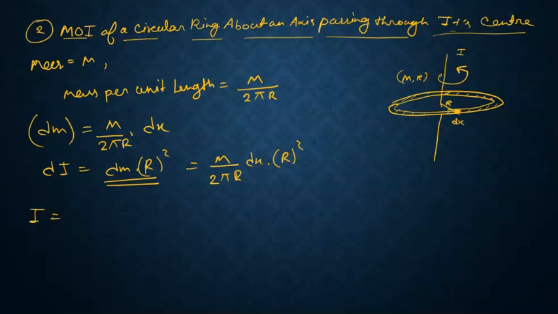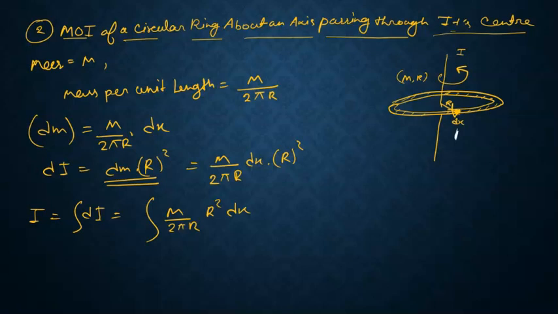Now to find the total value of the moment of inertia, we have to integrate dI equals m by 2 pi r square dx. Now to put the value of the limits, we can see that we are varying the element.